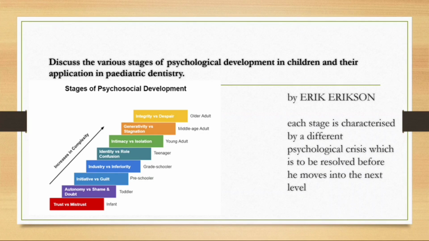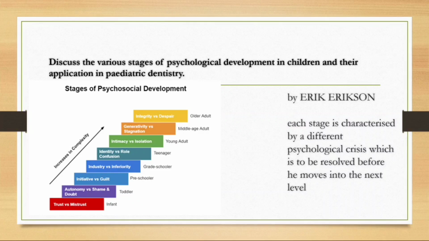Now we have the psychosocial theory, or theory of developmental tasks, given by Erikson. He explains the stages of psychosocial development like a ladder, where the bottom of the ladder is trust versus mistrust and at the apex it is integrity versus despair.